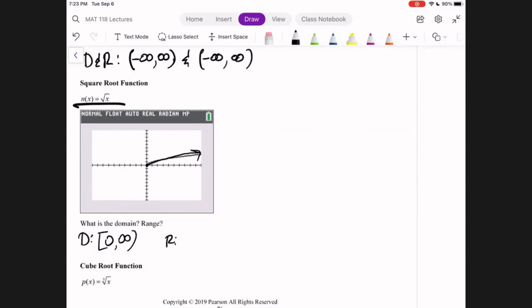And then the range is also positive, or 0, because the square root of 0 is 0. We don't have anything down here, and there's nothing over here. You could graph one of these on Desmos and you might see something weird about it, and we can look at one of those.